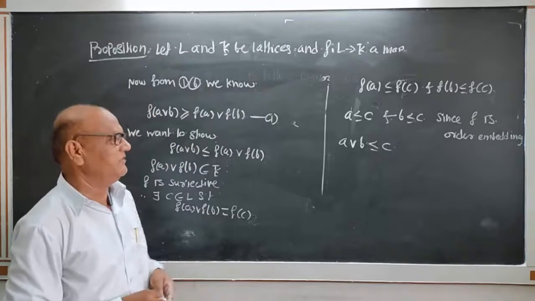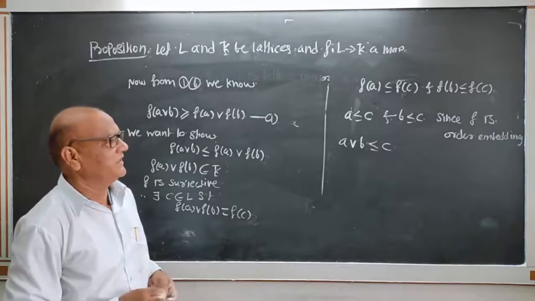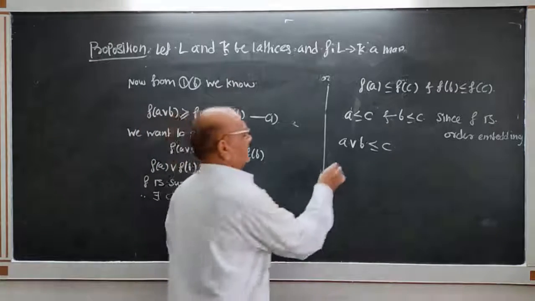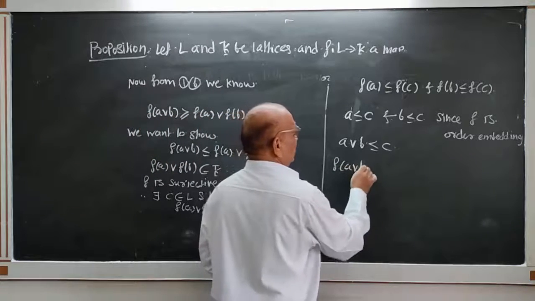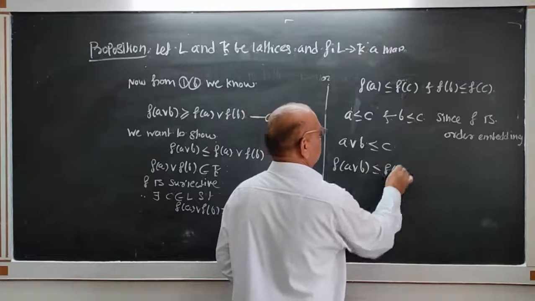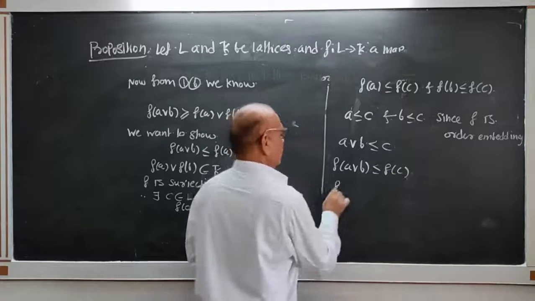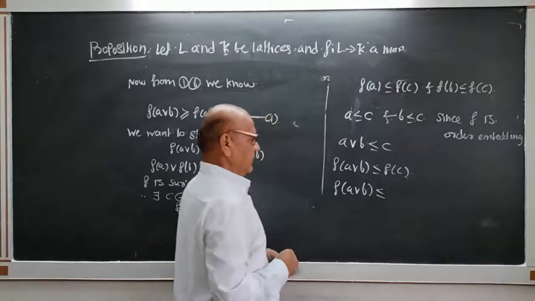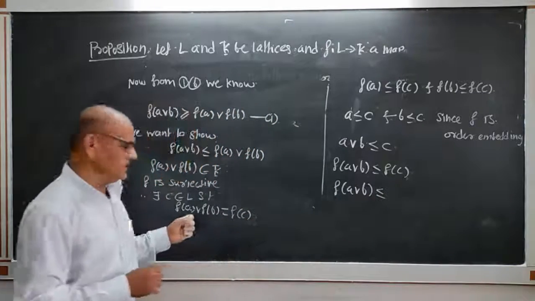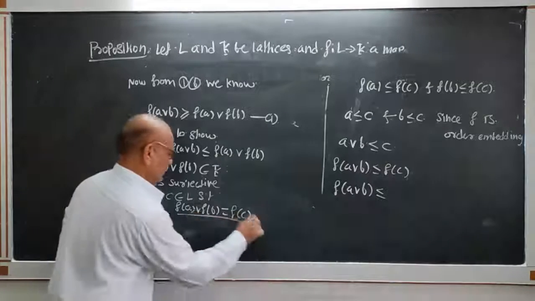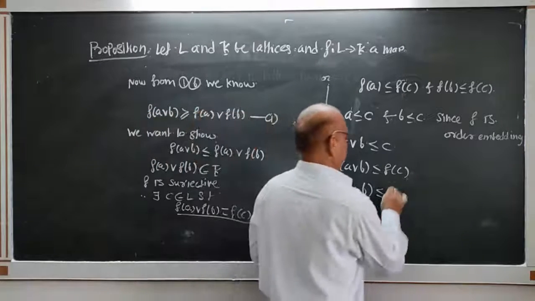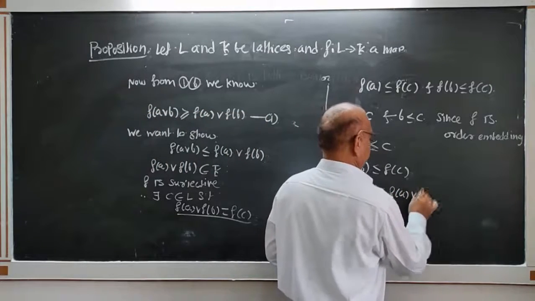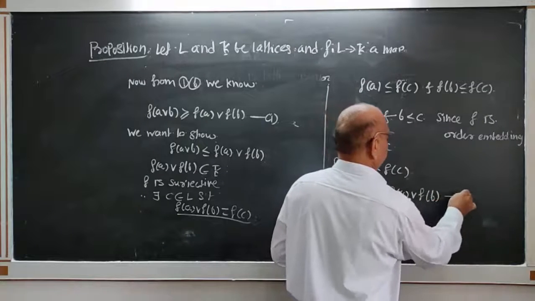By order preserving, f(a join b) is related to f(c). Here, put the value of f(c): f(c) is f(a) join f(b), number 2.